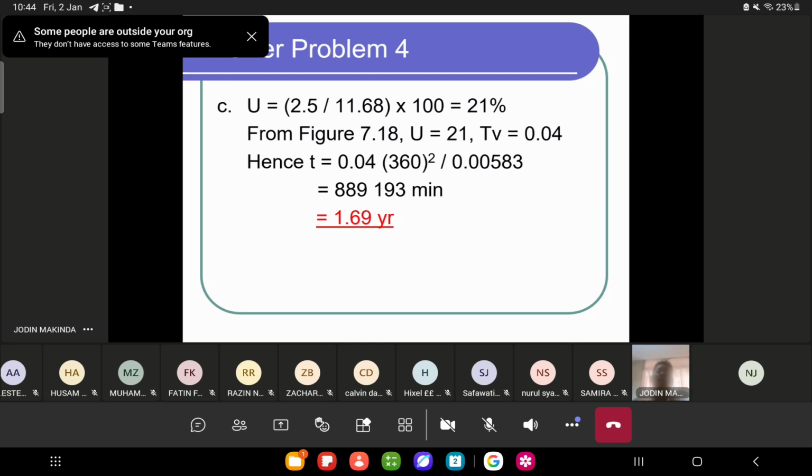So from the table, 21% equivalent to 0.04 time factor. Therefore, using the equation, I can calculate the time as 1.69 year.